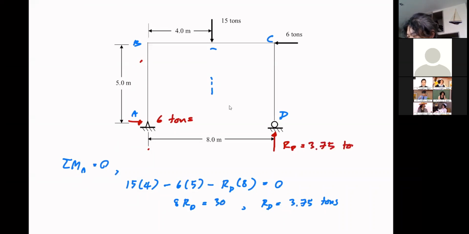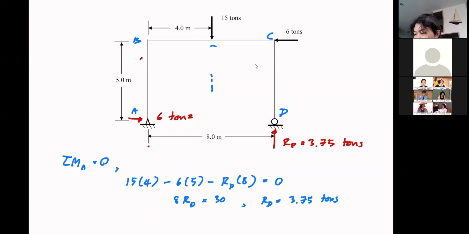Now some of you may be tempted to use sigma Fy equal to 0 to solve for RA right away. I think you can do so, but in this case, if you have time, you would rather take sigma MD equal to 0 and see what happens.